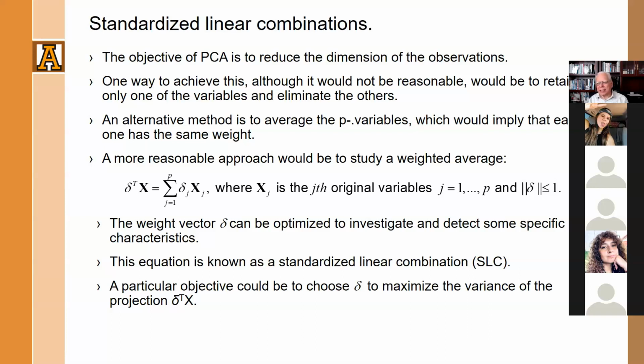delta transpose x. Delta transpose x is nothing more than a projection of the original variables in some other space. It's just a projection. Okay, we're multiplying delta transpose times the matrix x of original variables.